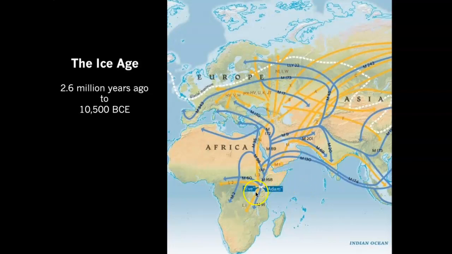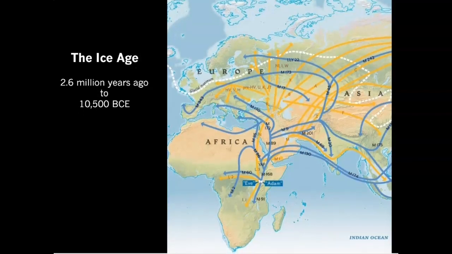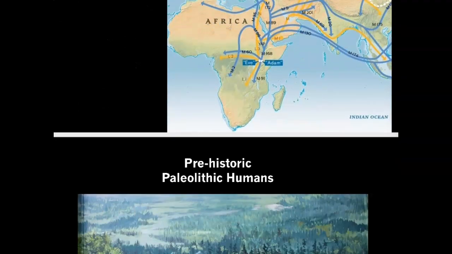We think that the human race, as we know it today, the Homo sapiens, established themselves here on the east coast of Africa, and then we have evidence showing a migration up and around the continents of Africa, Asia, and Europe. These patterns of migration have a lot to do with the changing of the Ice Age into a more warm climate, and we're going to be looking at the artworks as reflections of these migrations.